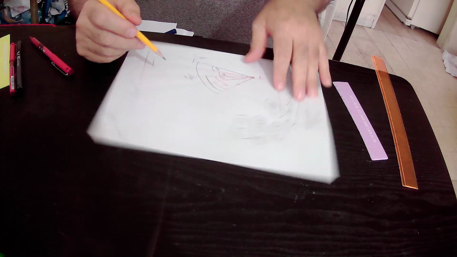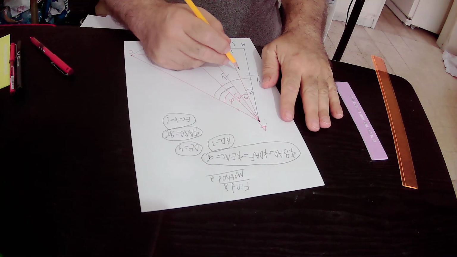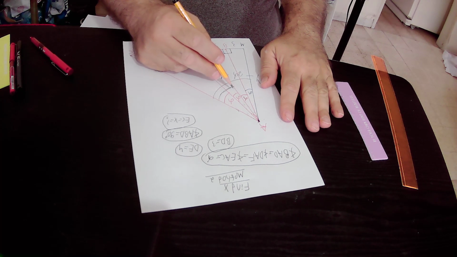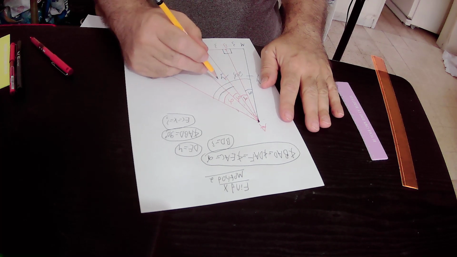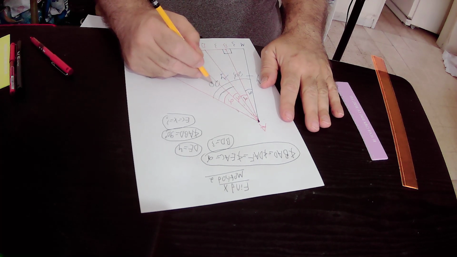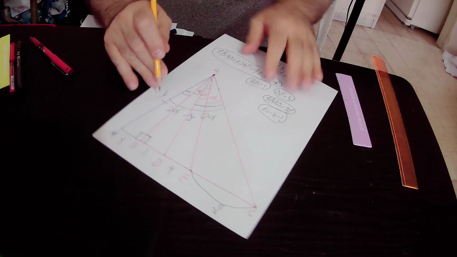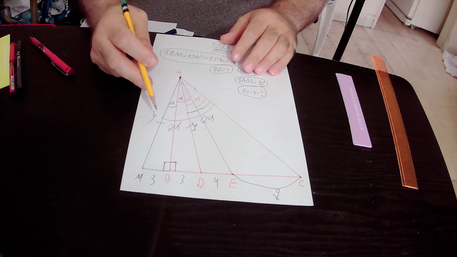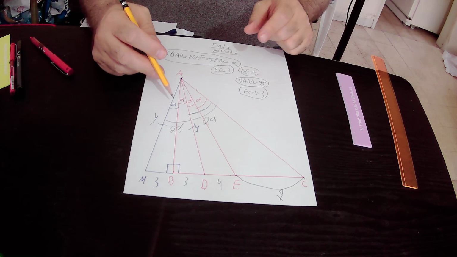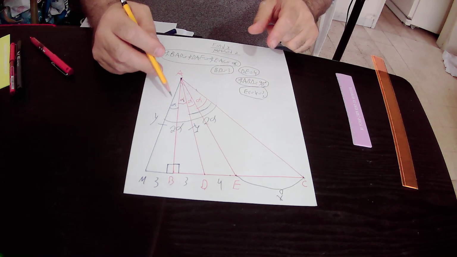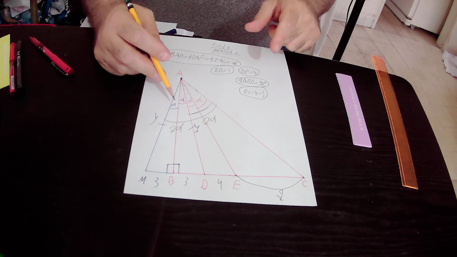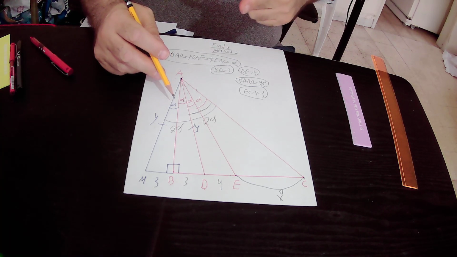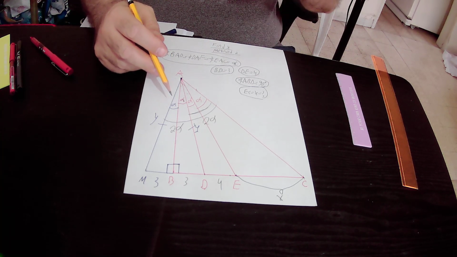The first part is alpha plus alpha, that is to say 2 alpha. And the second part is also alpha plus alpha, that is to say 2 alpha. So because angle bisector AD in triangle MAC divides angle MAC into 2 equal parts, AD is angle bisector in triangle MAC.